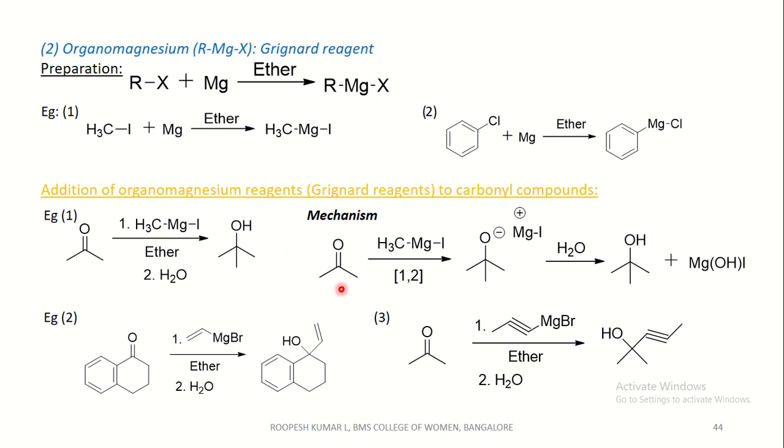Coming to the mechanism, the negative charge on carbon attacks the carbonyl carbon with the formation of a negative charge on the oxygen. With subsequent quenching with water, we get tertiary butanol with the formation of magnesium hydroxide iodide salt, which goes into the solution.